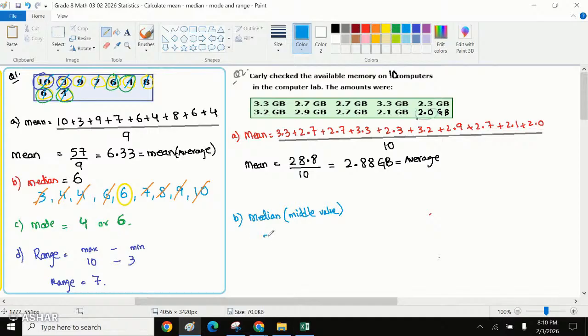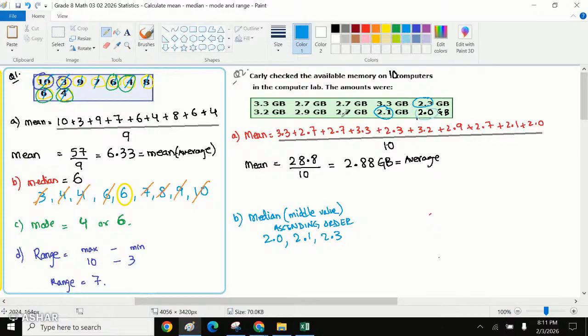Smallest was 2 GB. The next one was 2.1. Then we have 2.3. Agreed? Ascending order. For median, we arrange them in ascending order.